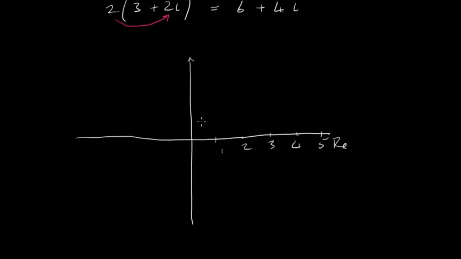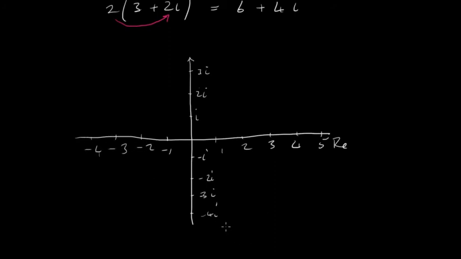And this is our imaginary axis here. We'll go i, 2i, 3i, and then minus i, minus 2i, minus 3i, minus 4i, and here this is minus 1, minus 2, minus 3, minus 4.